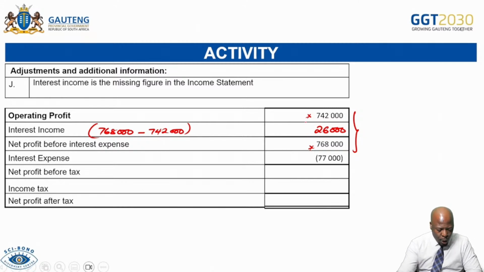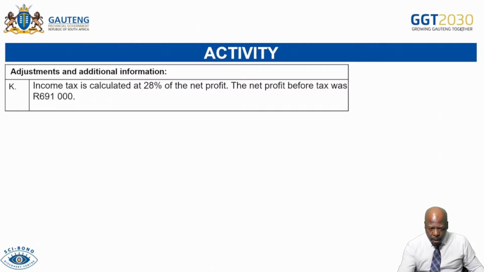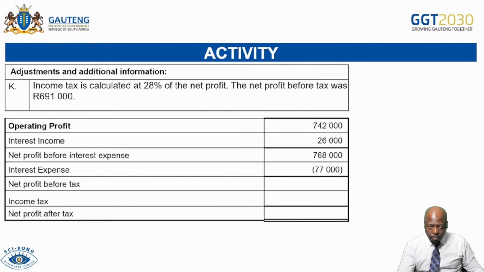And then we go on income tax. So remember, this was the new thing that I also mentioned about, one of the other new aspects that come into our statement of comprehensive income. Then we're told income tax is calculated at 28%. That means my net profit before tax is 100%.